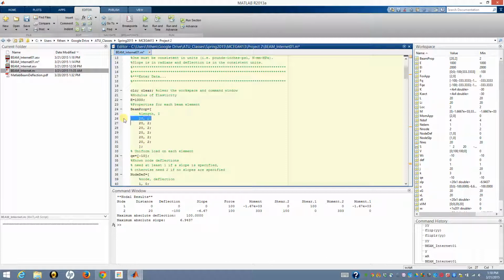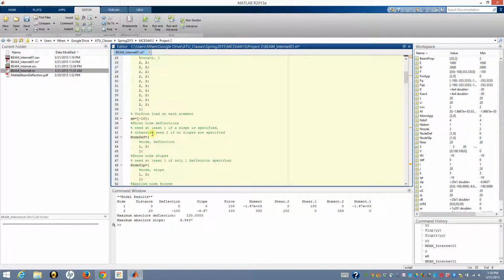How about let's just do this. 6, 7, 8, 9, 10. So if I have that, one element, two elements, 3, 4, 5, 6, 7, 8, 9, 10. I believe I did that.